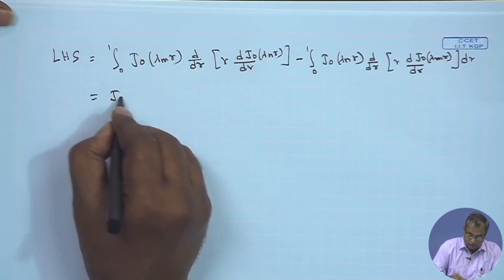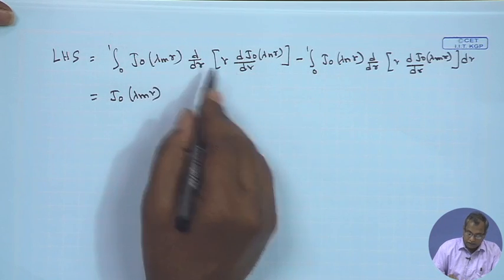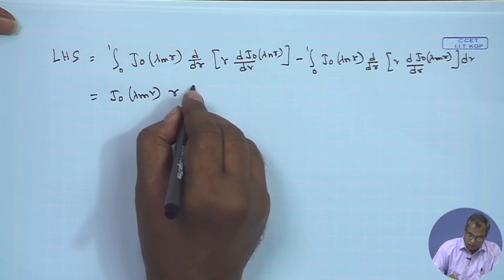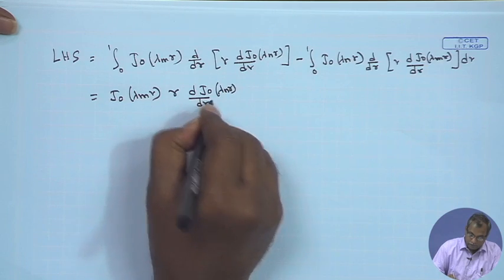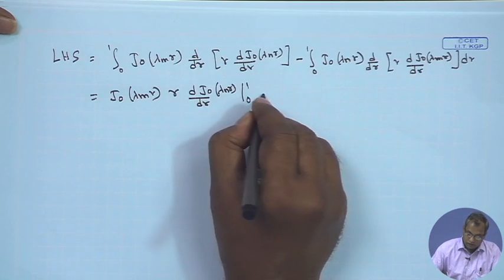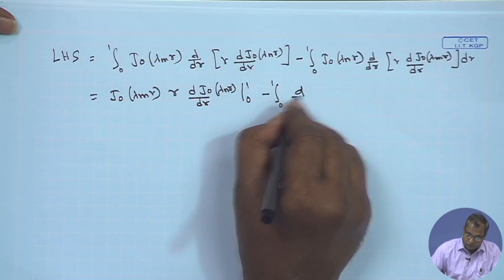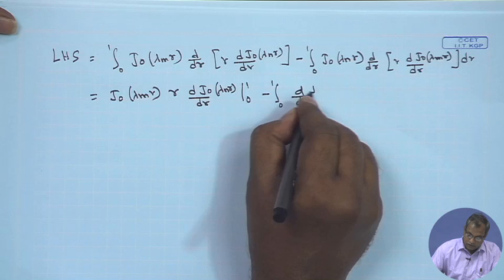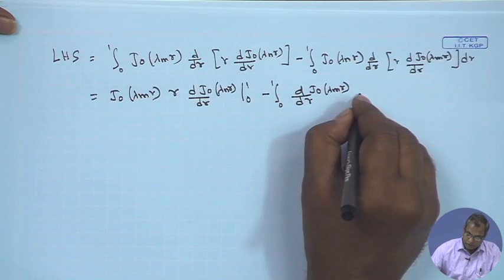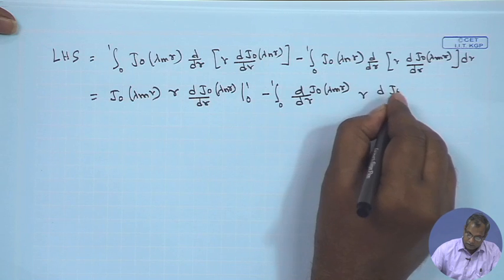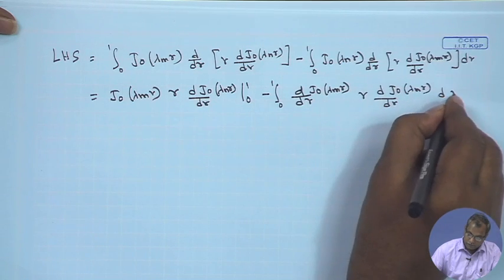First function J₀(λₘr), integral of the second function r dJ₀(λₙr)/dr, from 0 to 1, minus the integral from 0 to 1 of the differential of the first function, d/dr of J₀(λₘr), times the integral of the second function, r dJ₀(λₙr)/dr, dr.